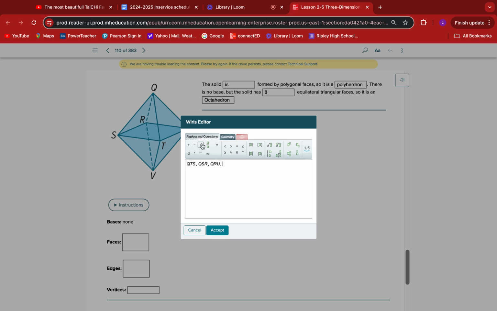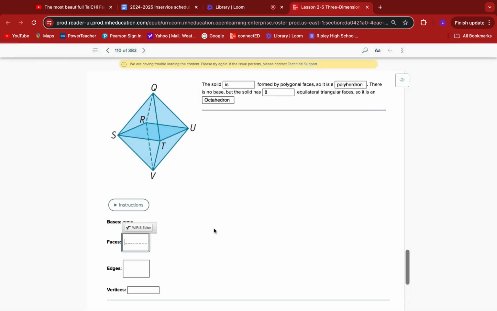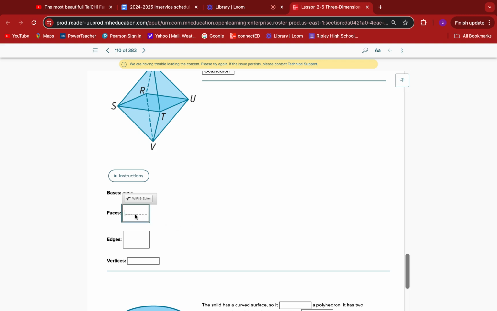And then QUT. Those are the ones on the top. Now to the bottom. TVS, SVR, RVU, and UVT. And that is super small. Way to go, you guys.